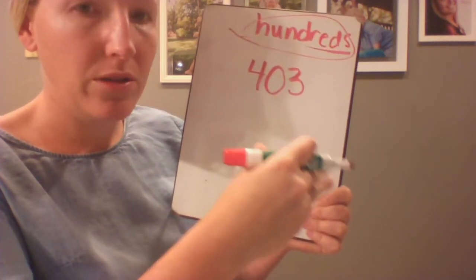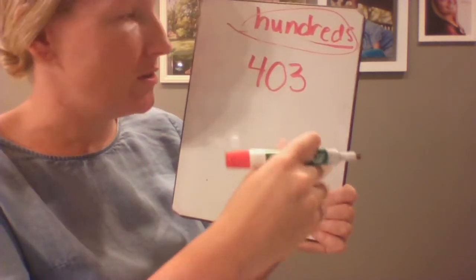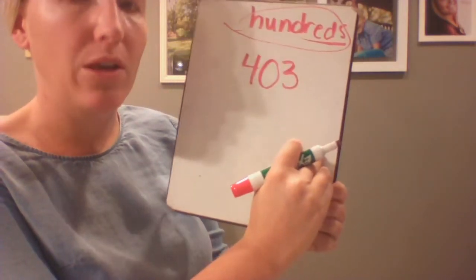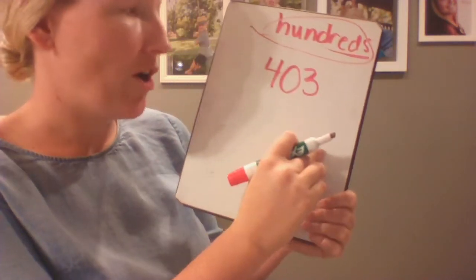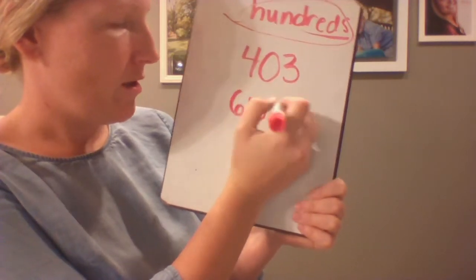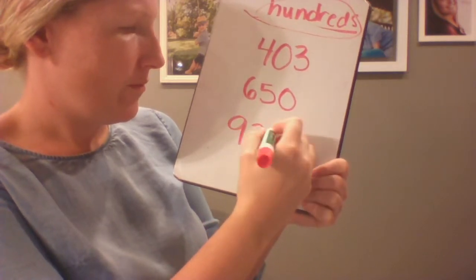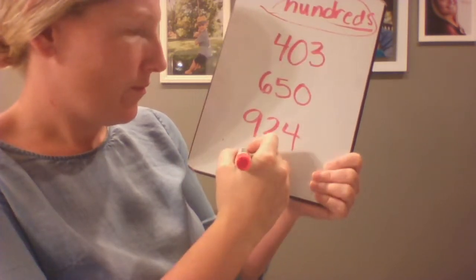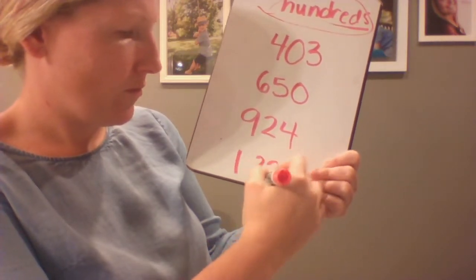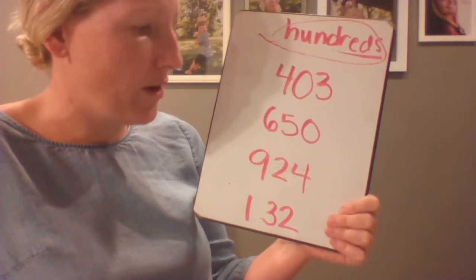Counting by hundreds, knowing that 50 is the halfway point between any hundreds, and see if you can round to the nearest hundred by charting it out, making your own number line, counting by hundreds.